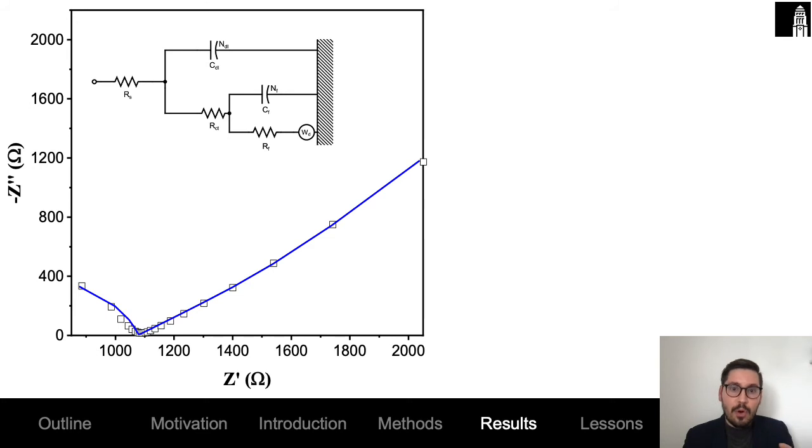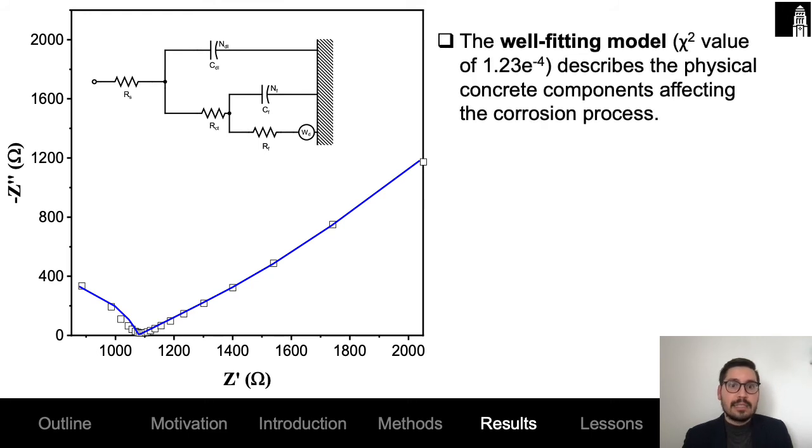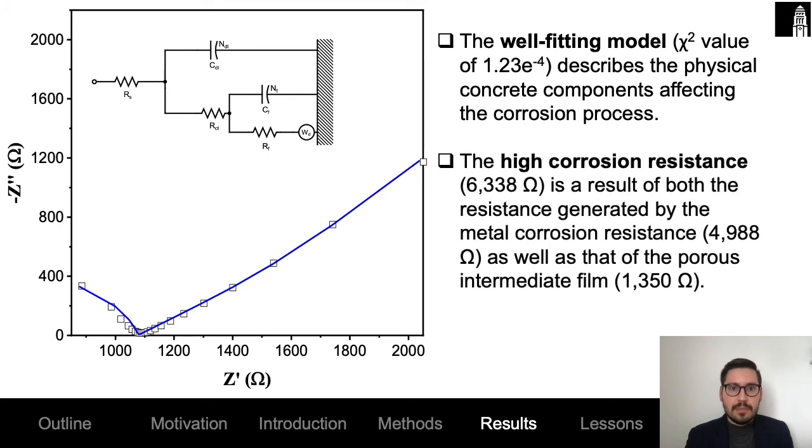To further probe and validate what's happening specifically at 158 days, this graph is showing the EIS data from these materials at 158 days. What we can see is that the model we have chosen, which makes physical sense, is a well-fitted model. It makes physical sense because we hypothesize that there is a porous film intermediate in the steel-concrete interface.